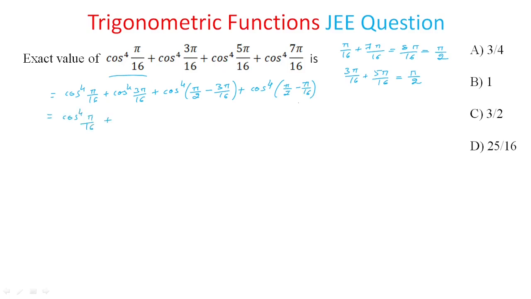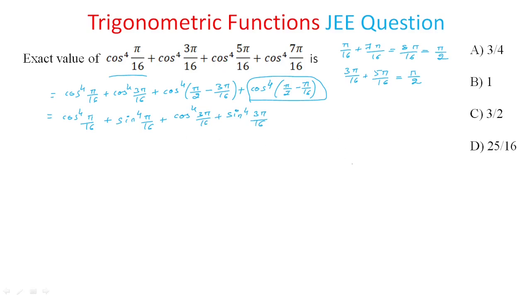This last term, cos⁴(π/2 minus π/16), we can write as sin⁴(π/16). Similarly, cos⁴(π/2 minus 3π/16) can be written as sin⁴(3π/16), because cos(90 minus θ) is sin θ.